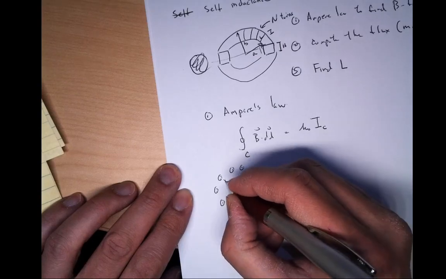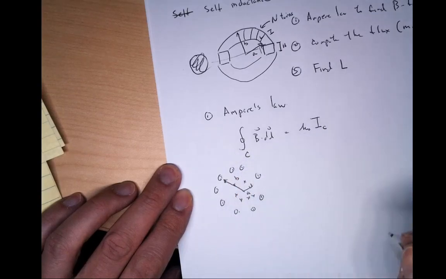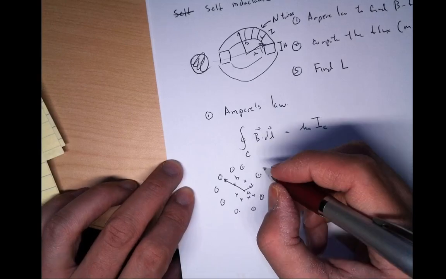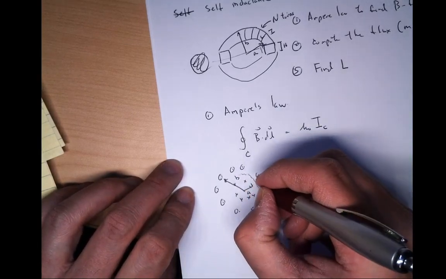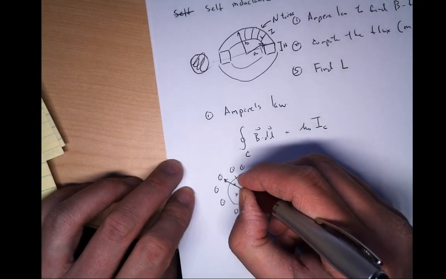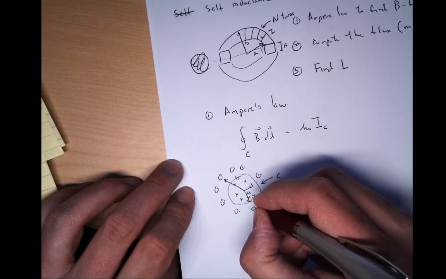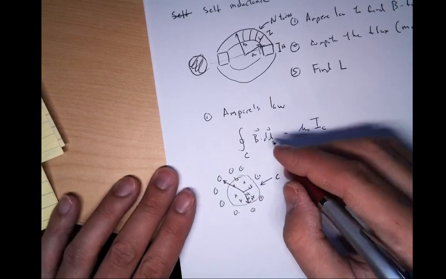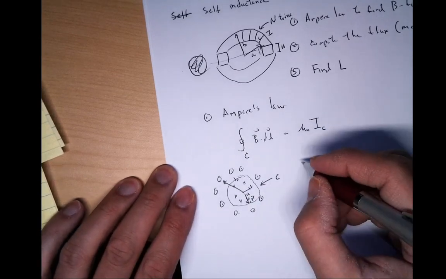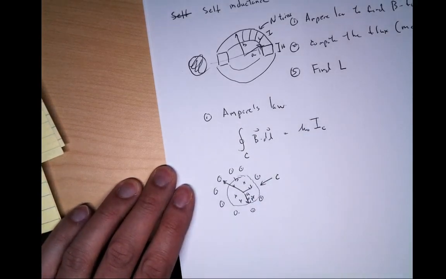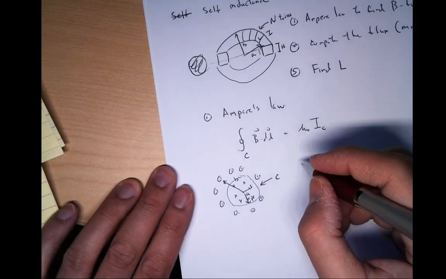This is B, all right? And I need my curve. There's my curve right there. This is C, and it's going to be a circle of radius R. All right, so if I do this, you argue the symmetry issues, which basically sort themselves out.